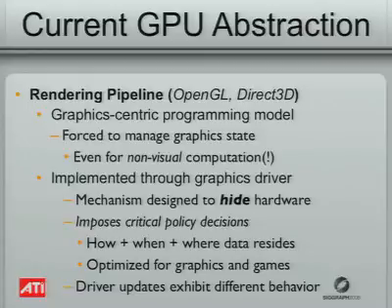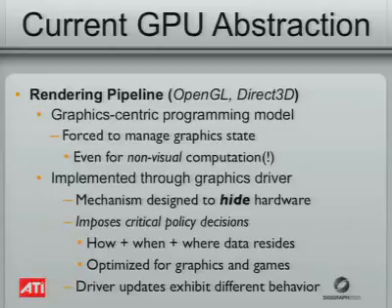So developers are still forced to use OpenGL and Direct3D for communicating with the graphics card. As a result, they impose a graphics-centric programming model, which forces the application to manage graphics state, even for non-visual computation. Furthermore, the APIs are poorly correlated to the underlying graphics hardware. They're implemented through a graphics driver, which is designed to hide the hardware resources. And due to the high-level interface of these APIs, the driver is free to impose critical policy decisions, especially for how, when, and where data resides.